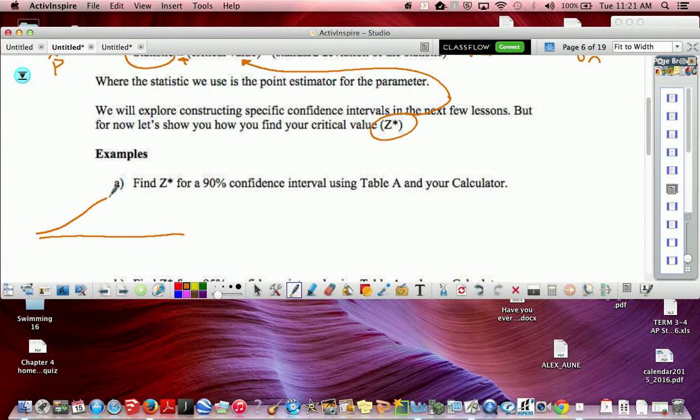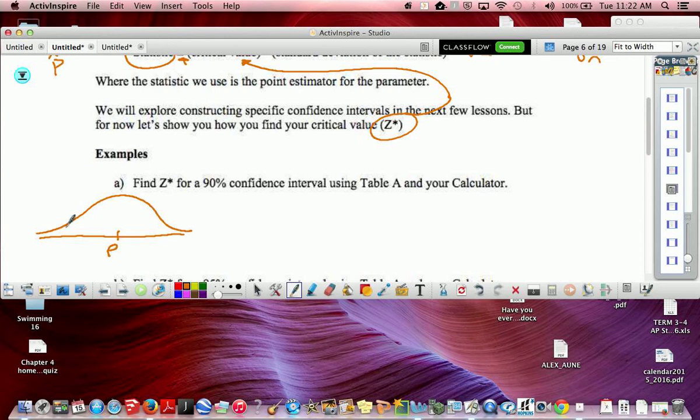Draw a picture of your normal curve. We're going to assume our distribution is normal, and that's something we're going to talk about on the next page. Here's my parameter of interest, say it's a population proportion, because I know that's what we're going to go to next.